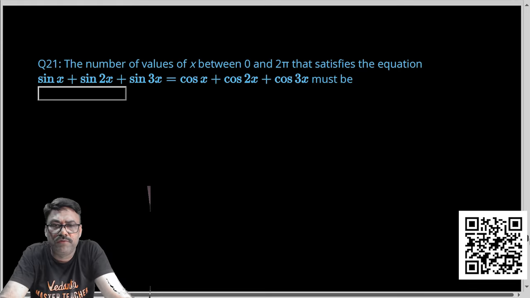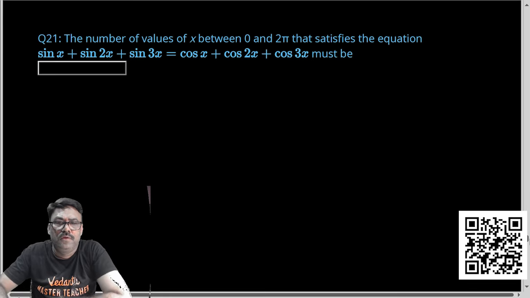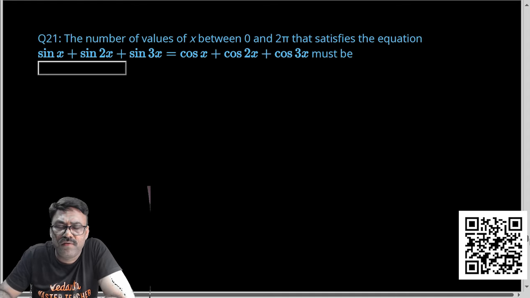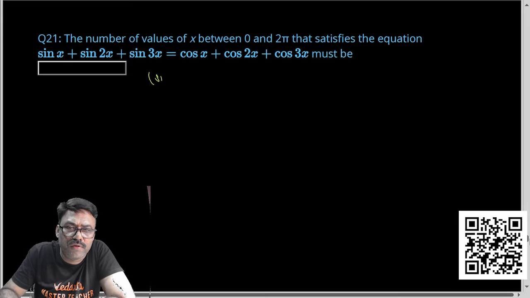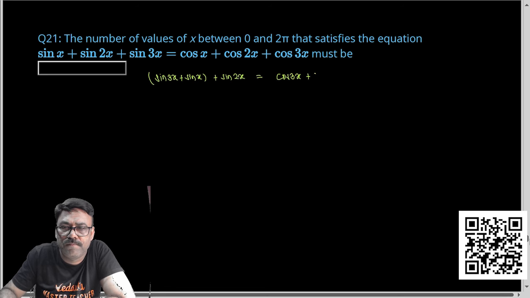Now see question number 21. You have to find the number of values of x between 0 and 2 pi satisfying this equation. So just rearrange it. You can write it as sine 3x plus sine x together and sine 2x here. Similarly, cos 3x plus cos x here and cos 2x here.